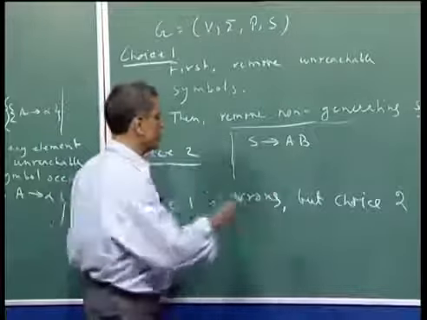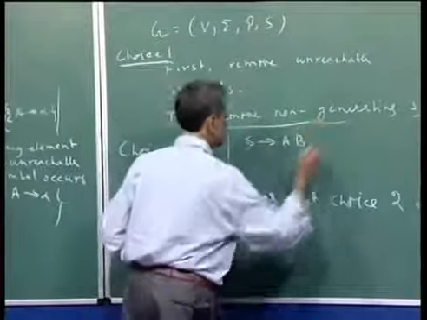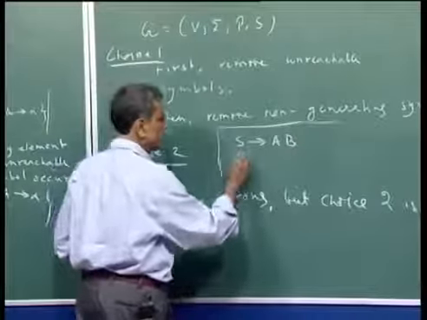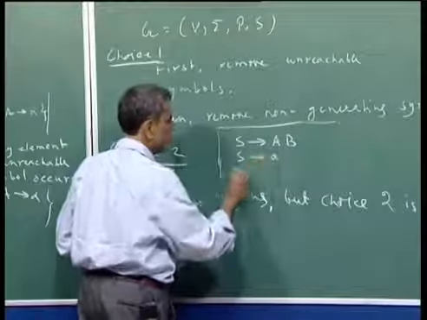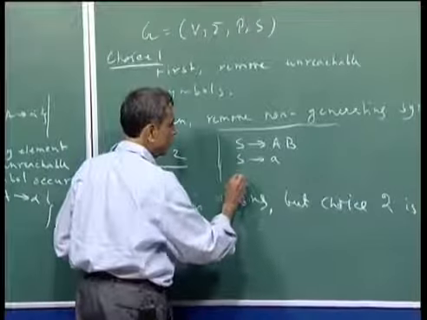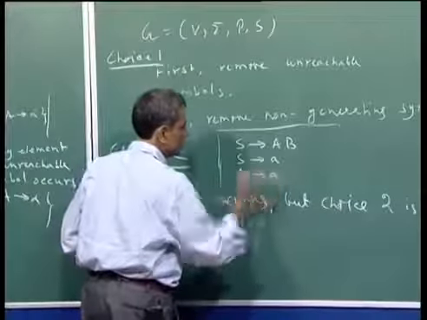In fact, there is a simple example given in some textbooks. So, let us say S goes to A as well as S goes to B, and A goes to small a.